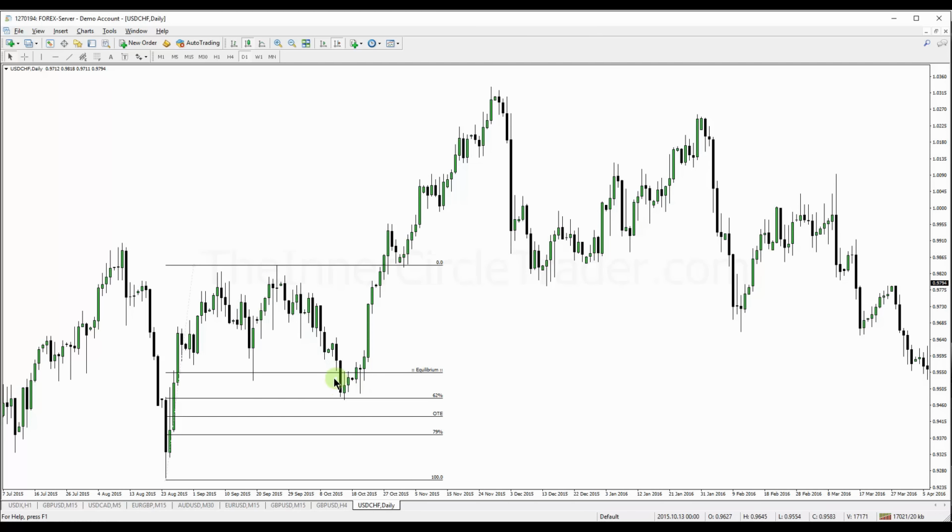Okay, went back down into equilibrium again and went to a discount below 50% of the impulse price swing. That is now at a discount. So the market on the banking perspective is that this now is at a discount. It is allowed to be bought.